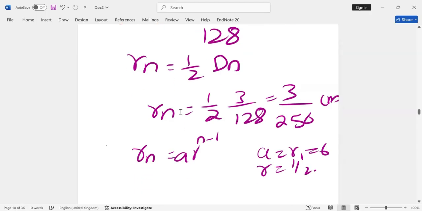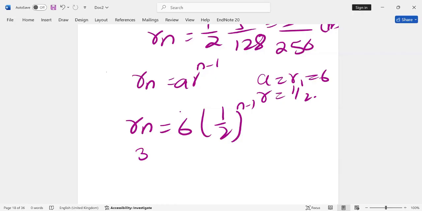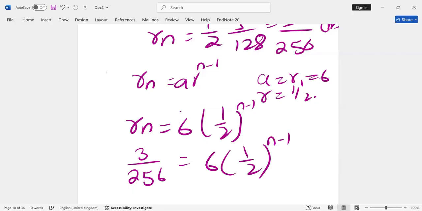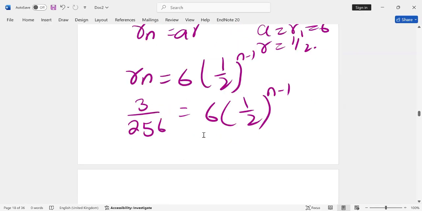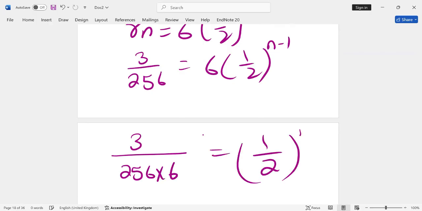We have just set up the equation, putting the values: Rn equals 6 into 1 by 2 power of n minus 1. We have 3 by 256 equals 6 into 1 by 2 power of n minus 1. I'm just going to simplify the equation. We get 3 by 256 divided by 6 equals 1 by 2 power of n minus 1.